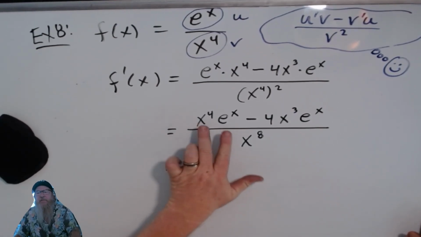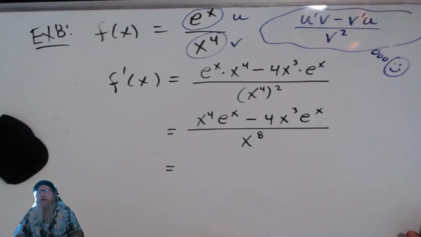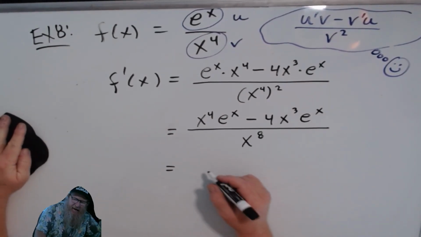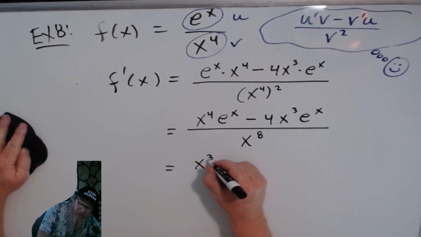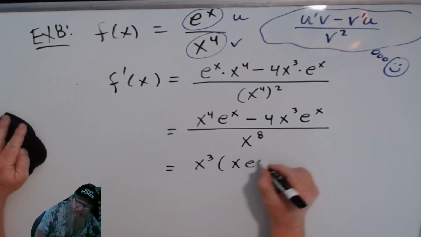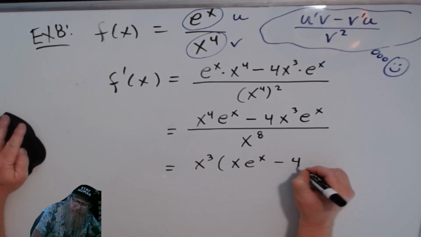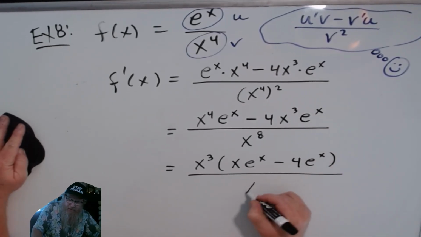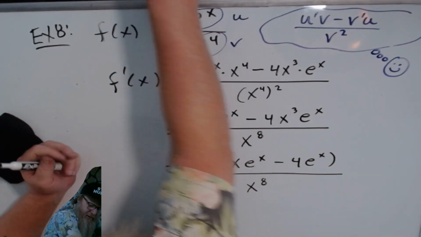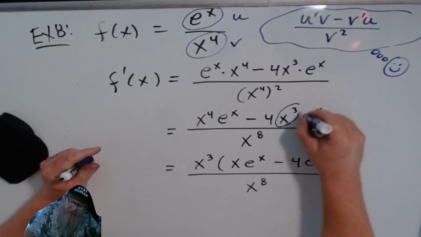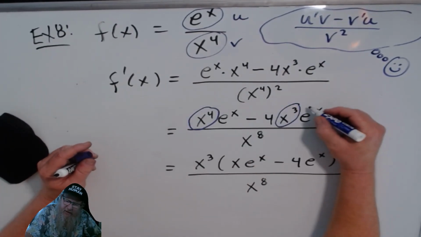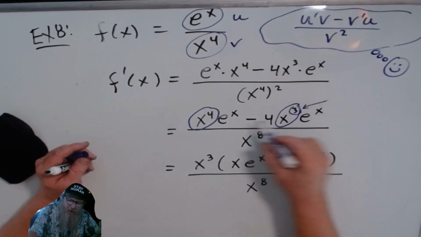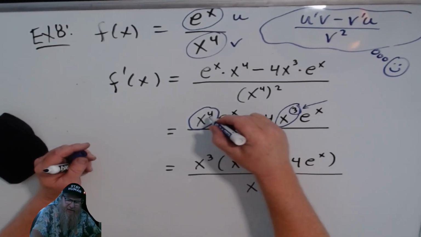The order of the individual factor doesn't matter. You can leave it any way you like. Factor out the x to the third. You can't factor out an x to the fourth because you don't have an x to the fourth here.